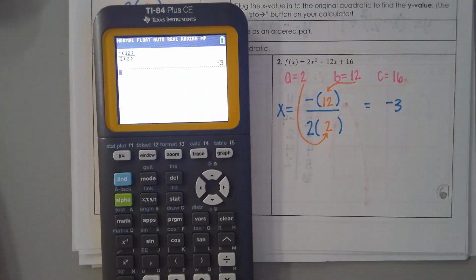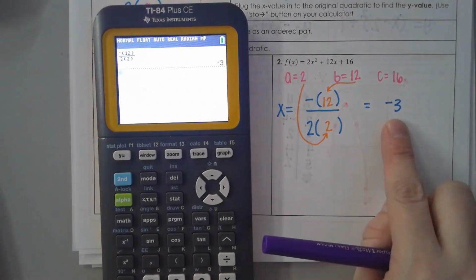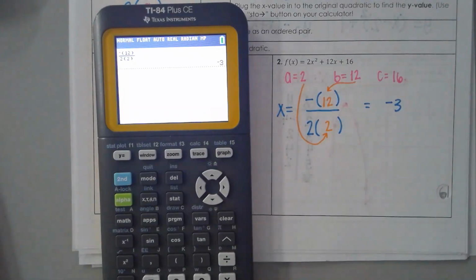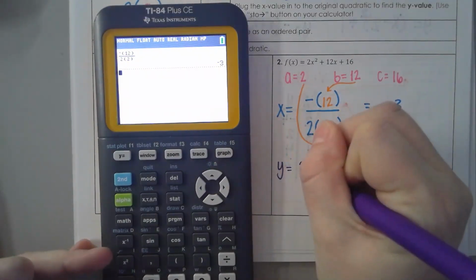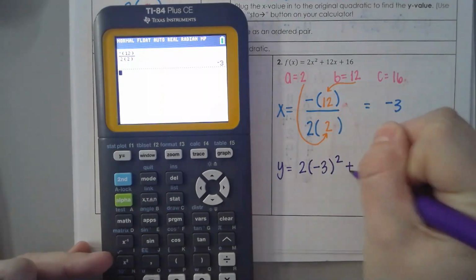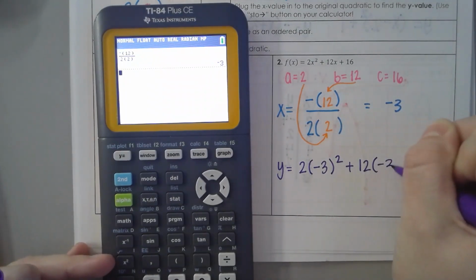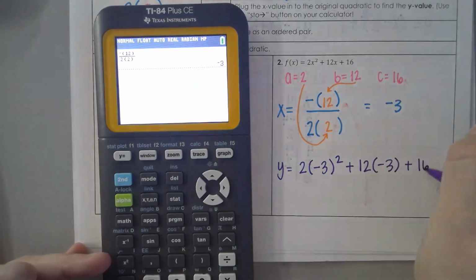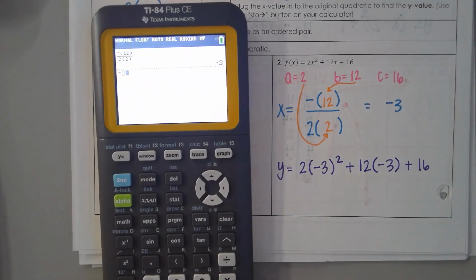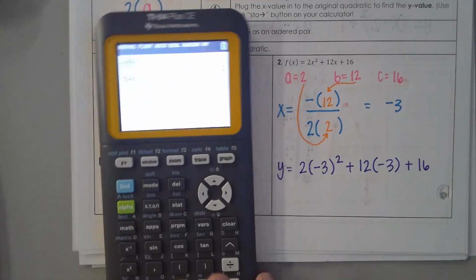To find the y value, what do I do with the -3? Store it, plug it in. Negative 3, store x.